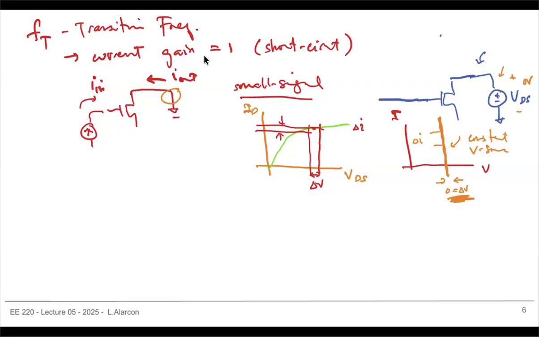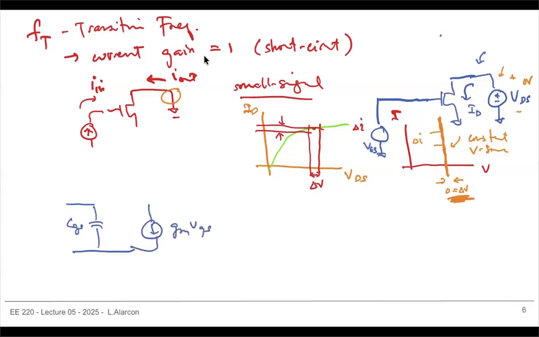So what we do is we put in some VGS, and then that gives me some DC drain current, right? So this is my bias. Now, once I bias this transistor, it has a certain small signal model. Right? The small signal model is, I have CGS, then gm VGS, and R out, and then CGD.